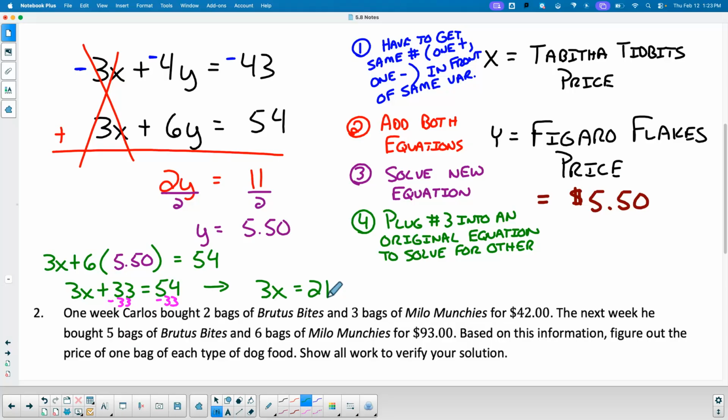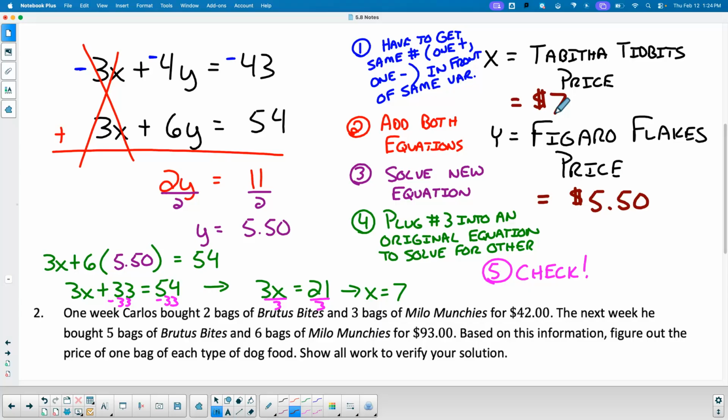Divide both sides by 3. And last but not least, you always want to check your work. Okay? So this is going to be $7 a bag, right? Okay?